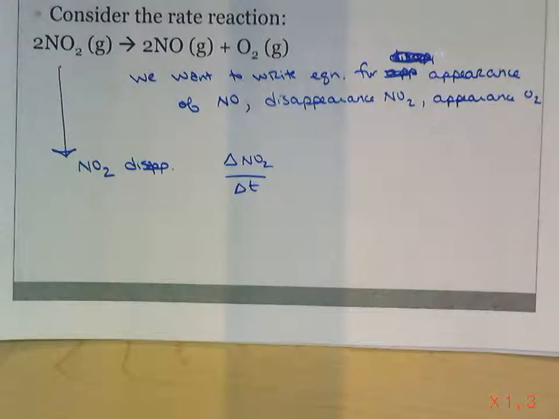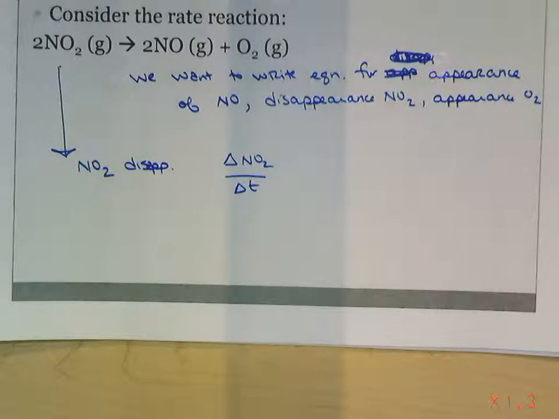So we're going to look for something like that: change in concentration over change in time. Now, let me ask a question. Can you have a negative rate? No. If you put your car in reverse and drive really fast, is that a negative rate? No, it's a positive rate going in the negative direction.